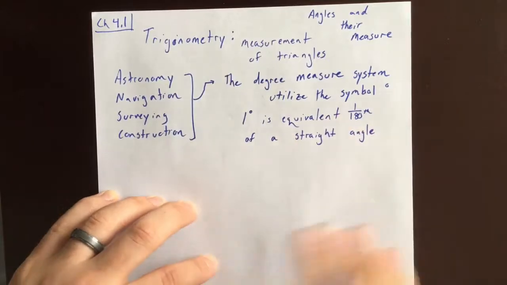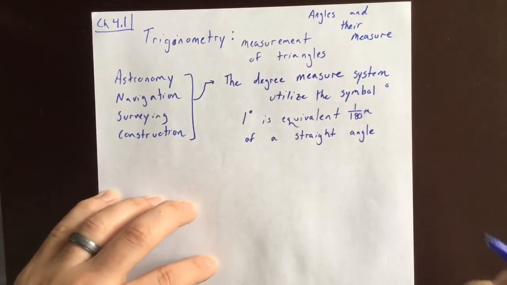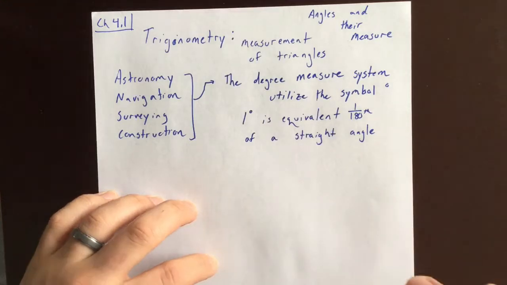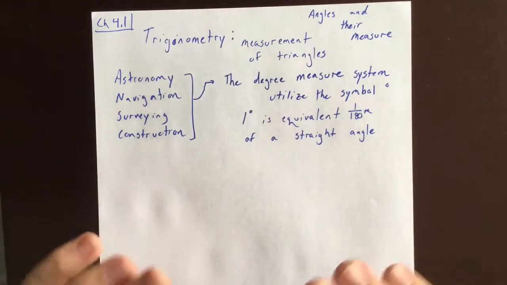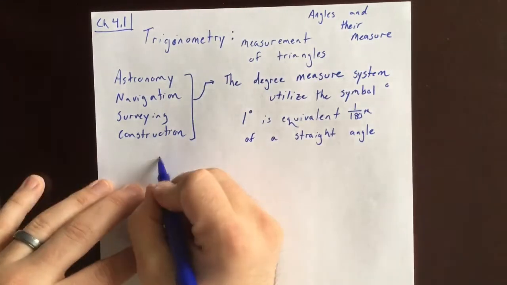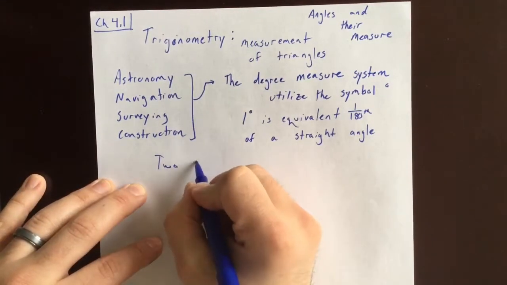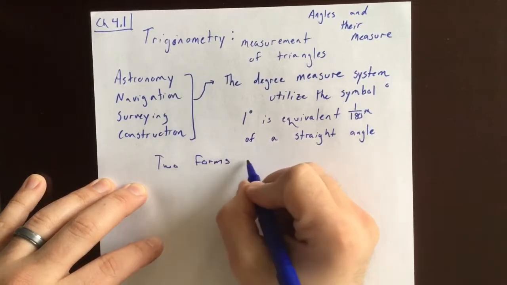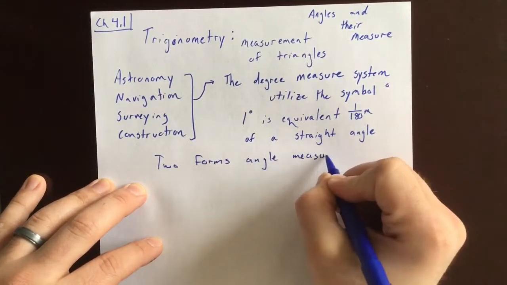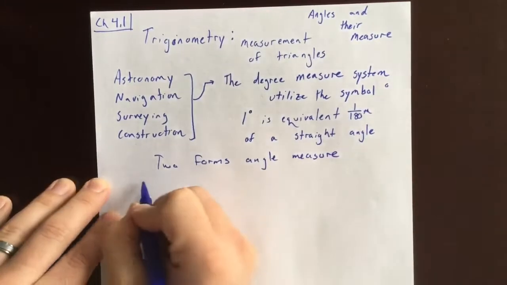Okay, so we get 1/180th because 180 degrees is a straight angle. We know that from geometry. So speaking to what a degree is, there are two forms an angle measure can be written.